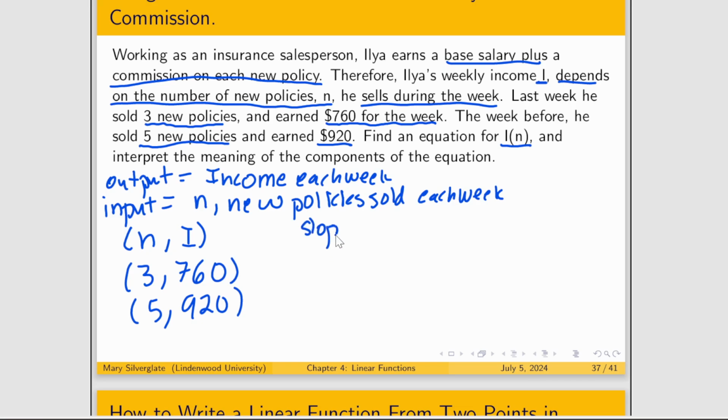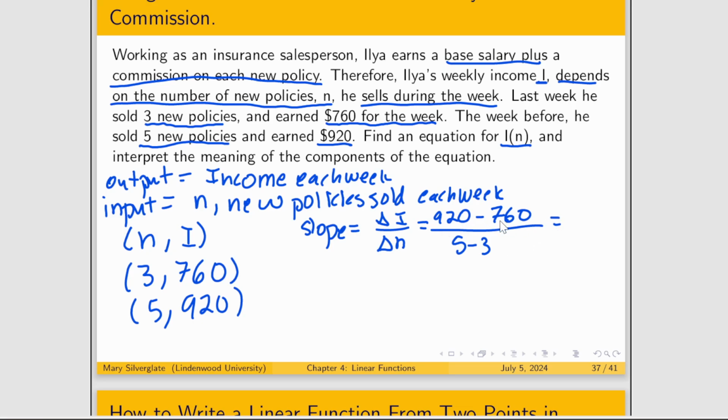So first, let's actually figure out what our slope is in this case. So what's the slope here? So that's going to be change in income over change in policies, because we're talking about change in Y over change in X. So here, our change in income is going to be 920 minus 760, that's how much our income changed, and then our change in policies is 5 minus 3.